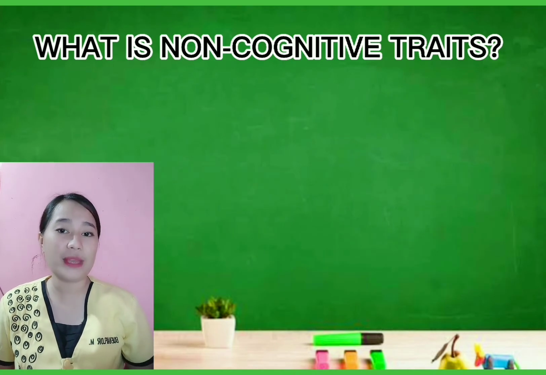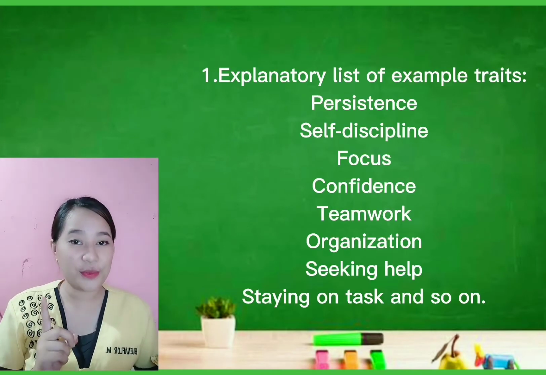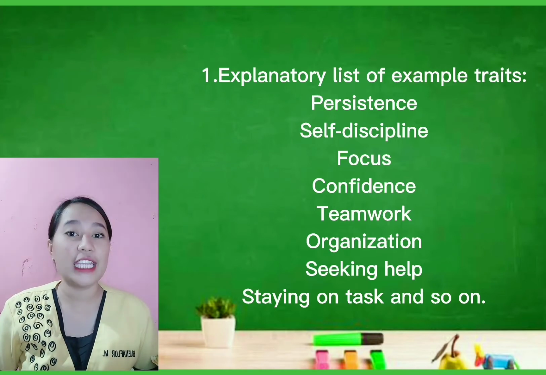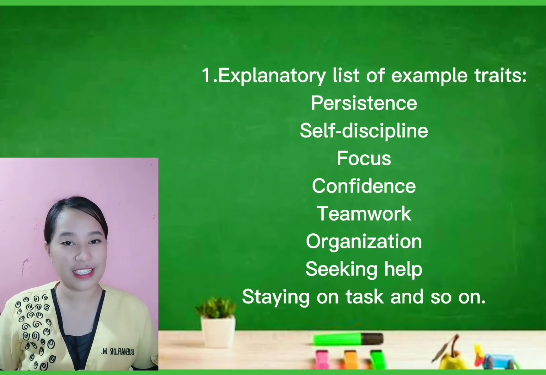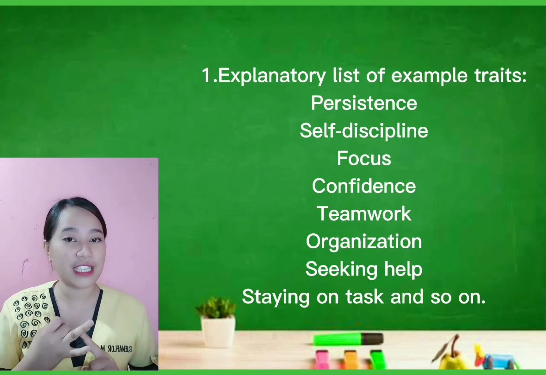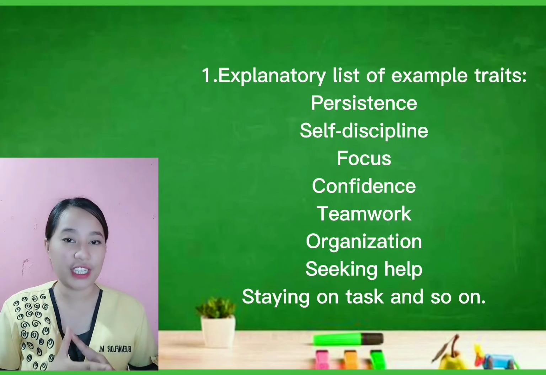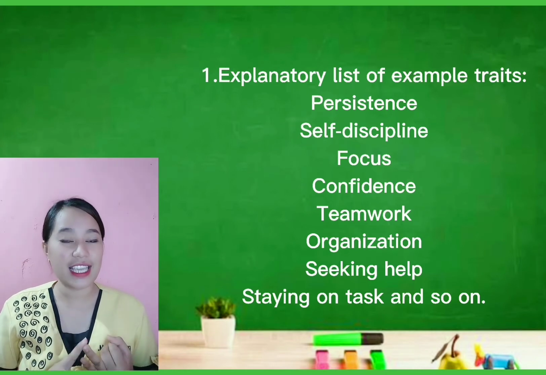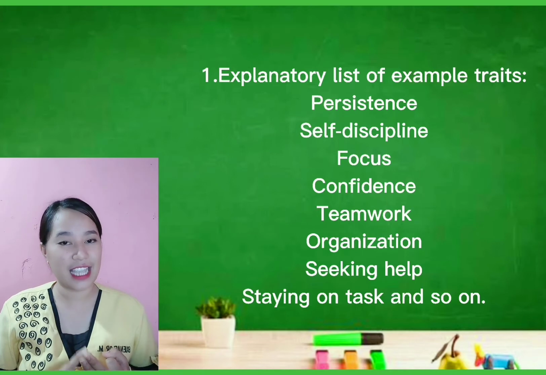There are some examples of non-cognitive skills that link to their impact on the learning process. The first one is that non-cognitive skills include an explanatory list of example traits. So it involves persistence, self-discipline, focus, confidence, teamwork, organization, seeking help, staying on task, and so on.